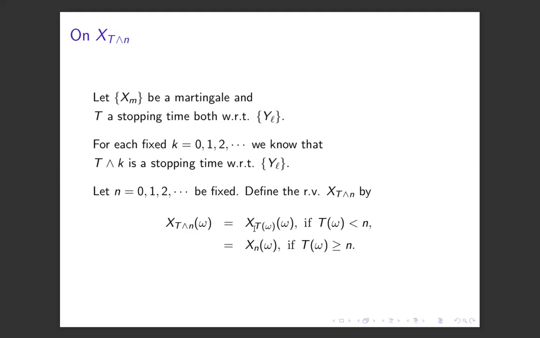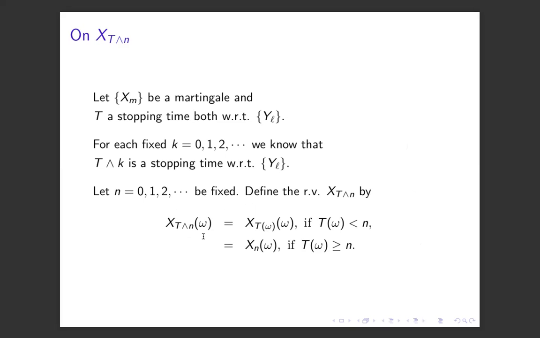This T at omega will always be an integer. Of course, if it is infinity, then this will not generally be defined. It will be left undefined. So generally one can talk about this when the stopping time is finite. One way of making it finite is to consider t wedge n, and as n goes to infinity, see what happens.